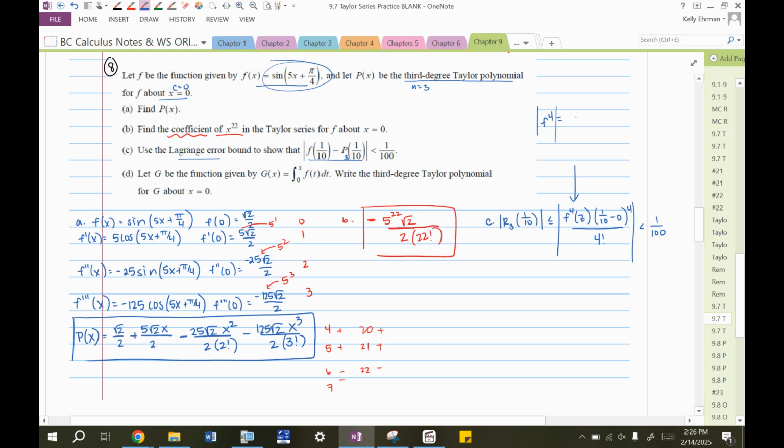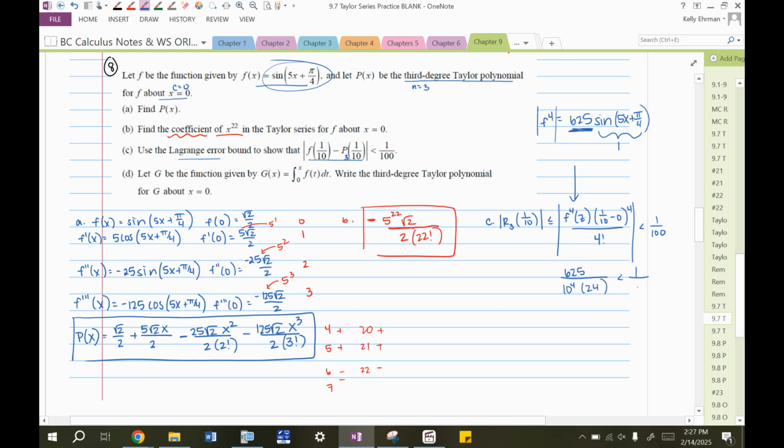It's going to be 625, right? 5 times 125, yeah, 625 sine of 5x plus pi over 4. So yes, this max value is 1, but it's 1 times 625. So that max value is 625 over 10 to the fourth times 24.